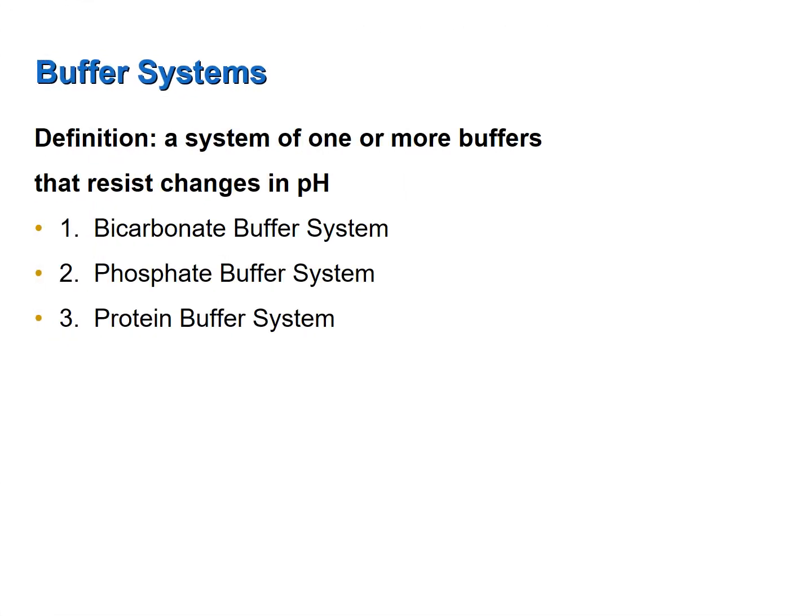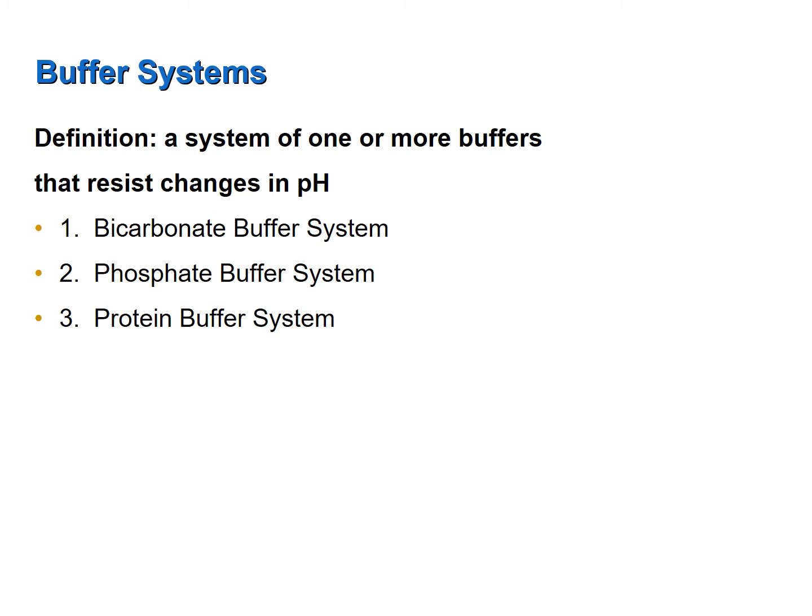There are three buffer systems in the human body that you're responsible for being familiar with. They are the bicarbonate buffer system, the phosphate buffer system, and the protein buffer system.